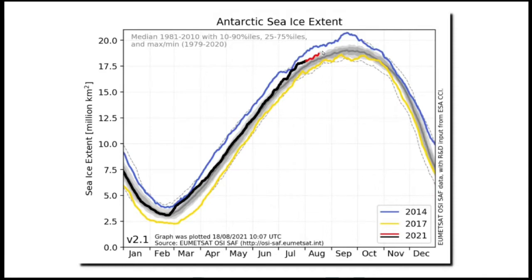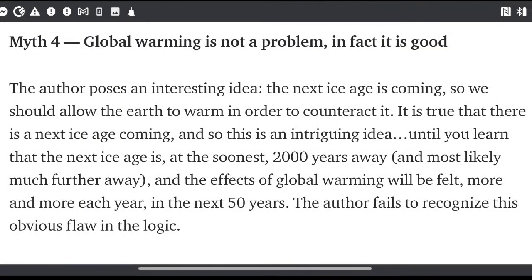Myth 4: global warming is not a problem. In fact, it's good. This is debatable. I'm going to skip over this one. Please read the article if you're interested. There are numerous reasons why it can be debated that this is good, certainly for human life on the planet. Cold weather is killing more people than hot.